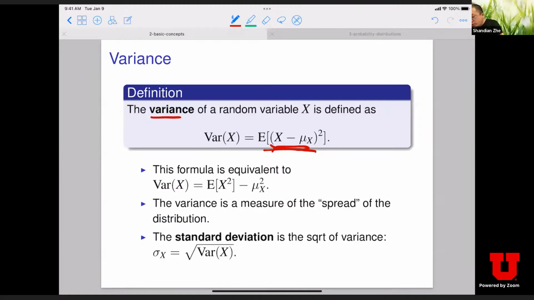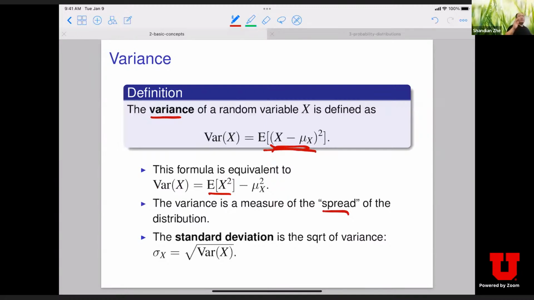And you can also show that the variance of x equals the expectation of x squared subtracted by the square of the expectation. It is really straightforward to show this. We can view variance as a measurement of the spread of a distribution. If a random variable is very random, in that it has a large chance to go far from the mean, then its variance is quite large.